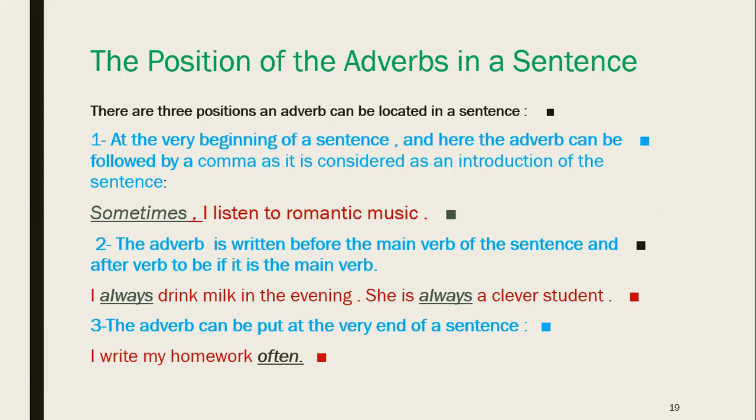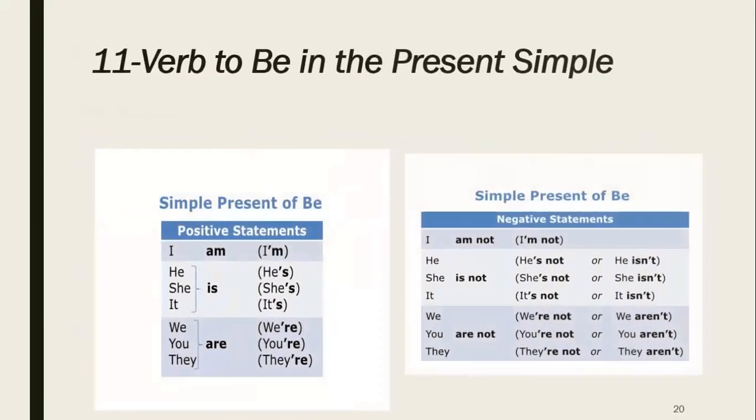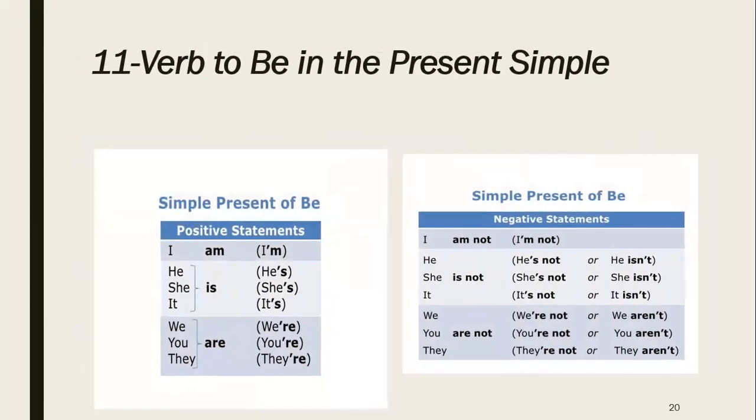And after that, we have the final position. This is at the very end of the sentence, like I write my homework often. So at the very beginning, before the main verb and after verb to be, or at the very end of the sentence. And then after that, I will give you verb to be in the present simple. Verb to be in the present simple, that is am, is, or are.